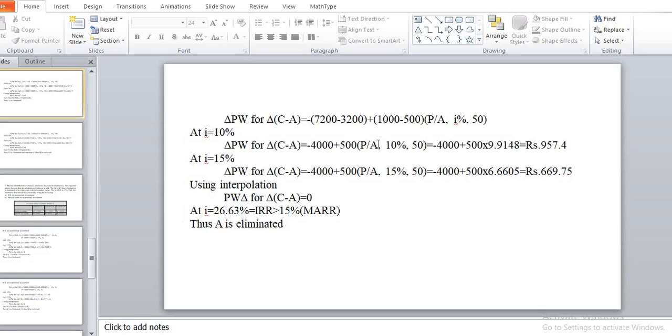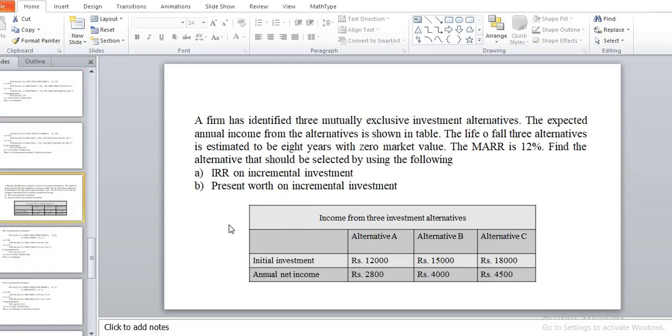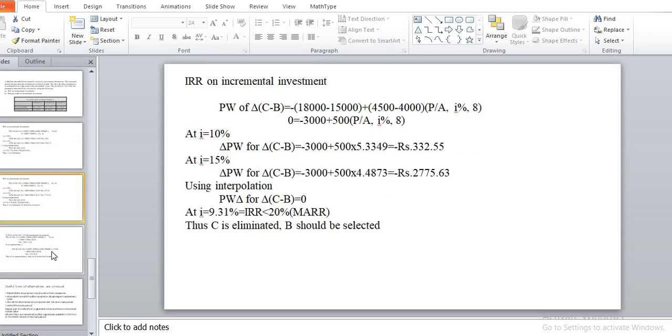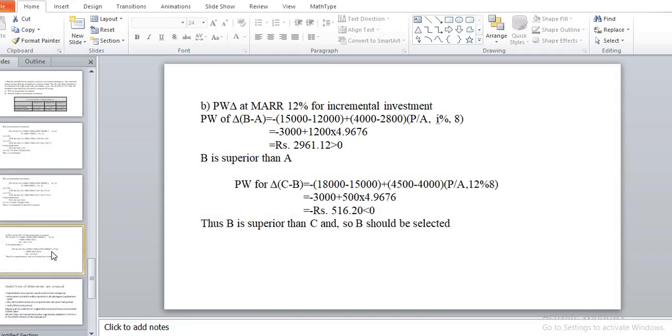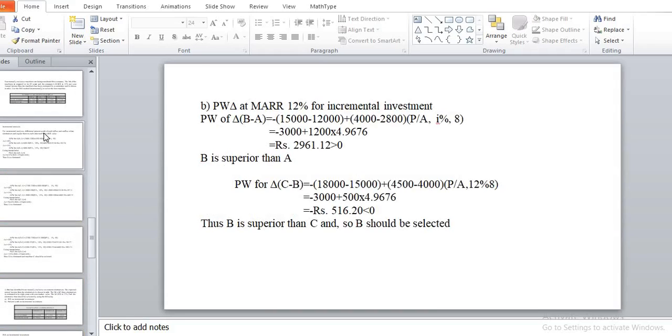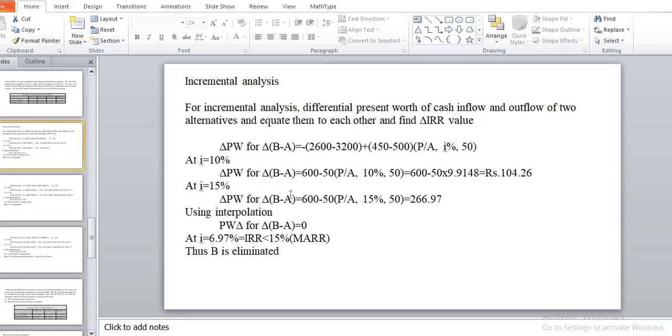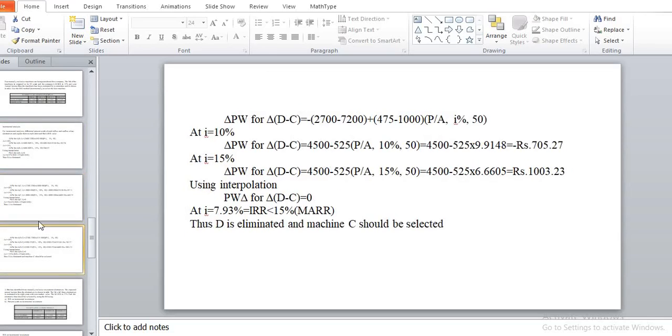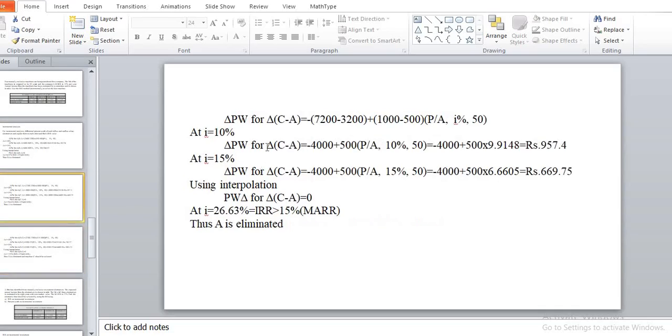This investment now becomes C minus A; the B minus A we calculated right now. This C minus A we should calculate.